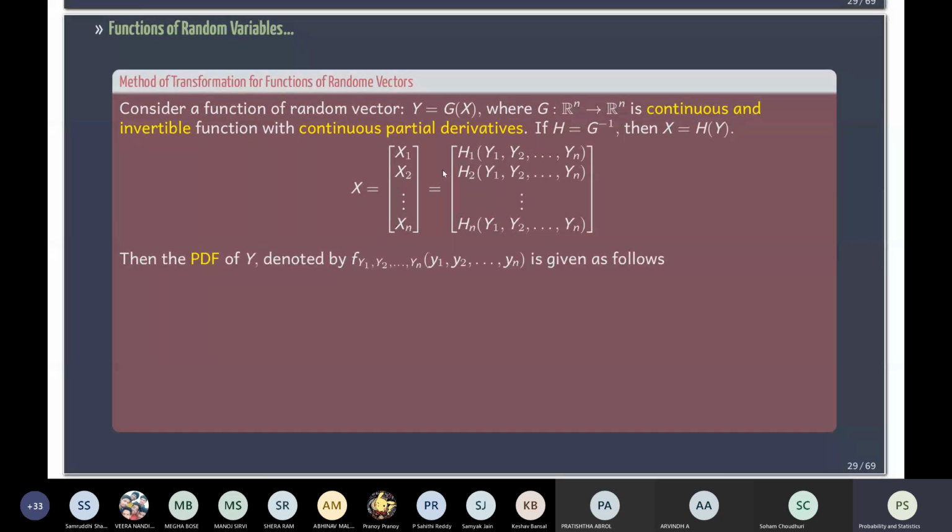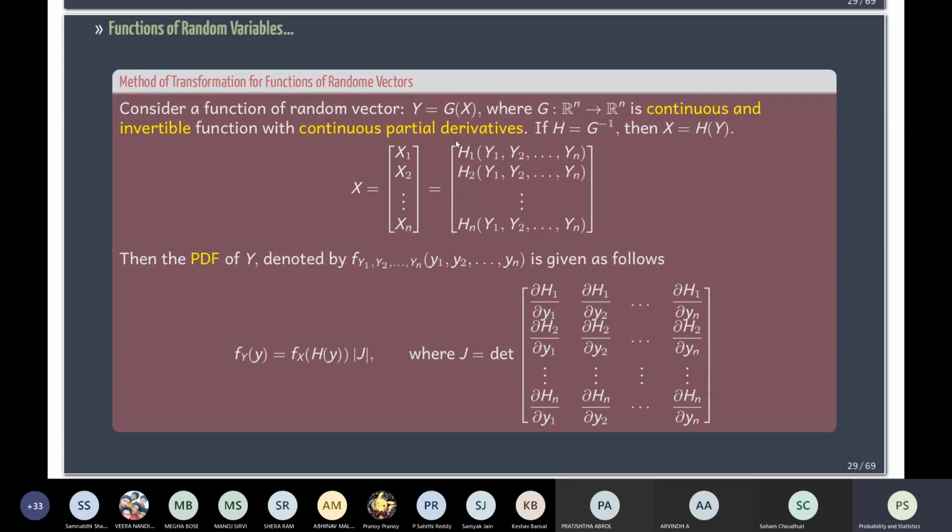If you are able to solve this, then we are supposed to find the PDF of Y using the method of transform. The PDF of X is, let us say, known to us. Then how can you compute the PDF of Y?